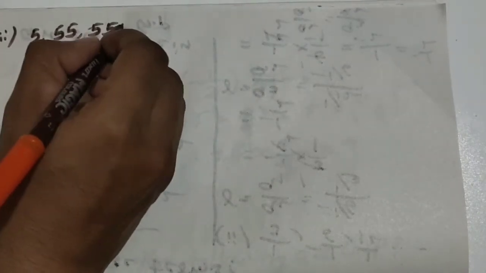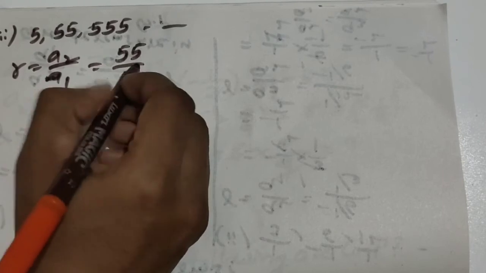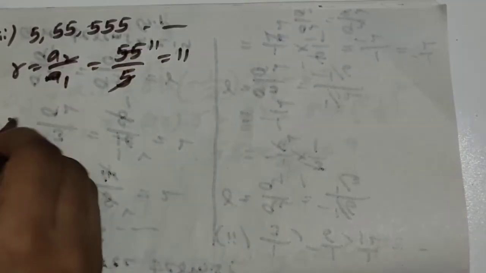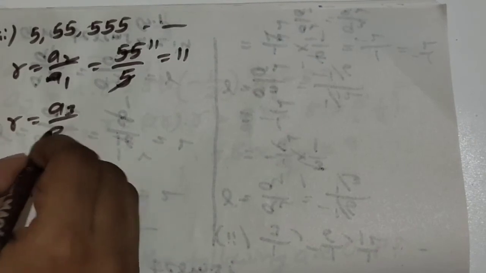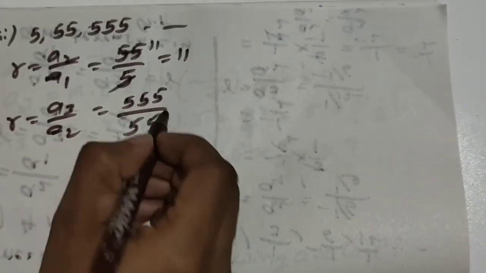Next, 5, 55, 555, up to so on. Here also check. First you find a2 by a1, that is simply 55 by 5. By cancellation we get simply 11. Next, a3 by a2, 555 by 55.